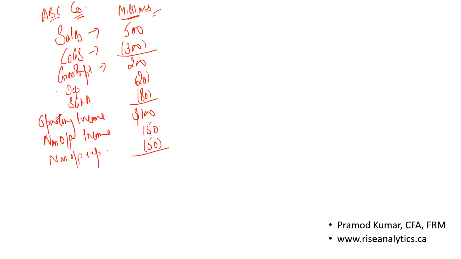So now this will come to my EBIT, earnings before interest and tax. This is actually my total earning: 100 plus 150 minus 50 is 200 million.